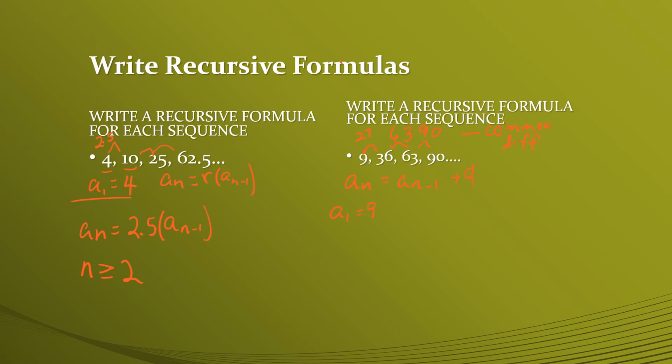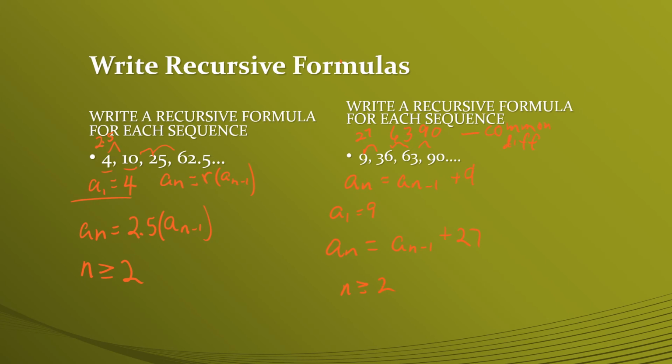And so therefore, we can finish this off by saying that AN is equal to AN minus 1 plus the common difference, which in this case is a positive 27. And we're going to define our domain that n is greater than or equal to 2.